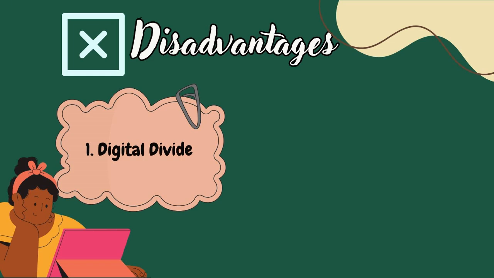For example, young people and those with higher education levels usually have better access to technology. People with more money can afford devices and internet, while some areas have better internet than others. This divide can be a problem because it means not everyone can use technology equally.